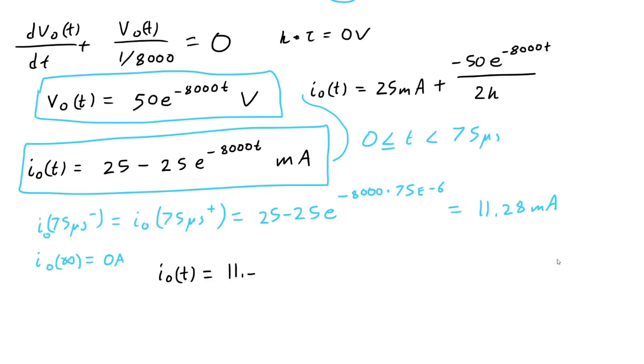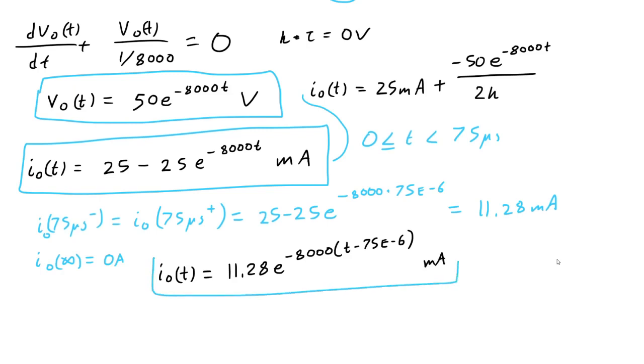So 11.28 minus 0, e to the minus 8,000 t milliamps. Oh, actually, minor caveat. We have to shift in time. So t minus 75 microseconds. Otherwise, that will be the wrong answer. So milliamps. Okay. And this is for the interval from 75 microseconds onward to infinity.